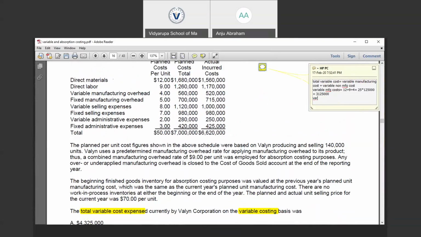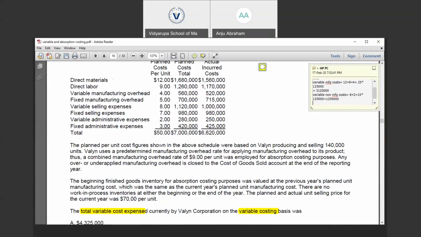And we need to add the variable non-manufacturing cost. What are those? Variable selling expenses and variable administrative expenses. The total is 8 plus 2, which is going to be 10, into the sales level of 125,000, which is 1,250,000.